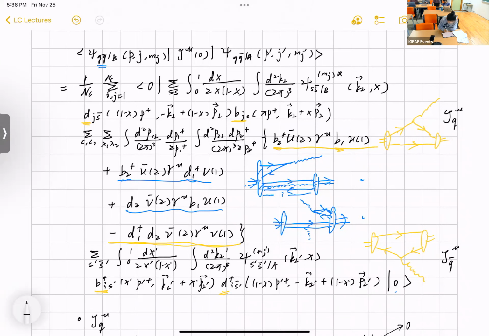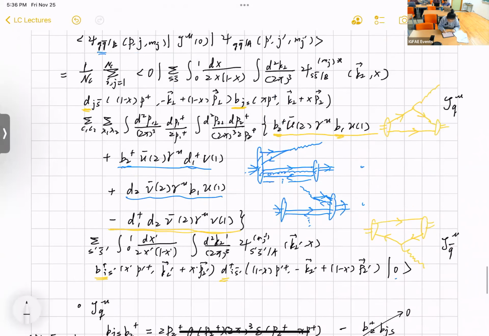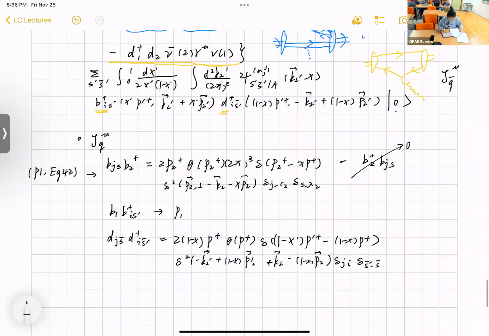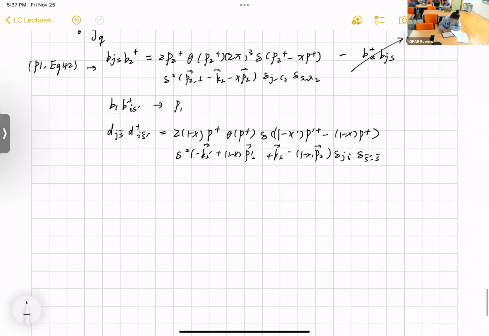Applying those delta functions would let us integrate over three out of the four sets of the momentum. Let us first integrate out the x and the k.